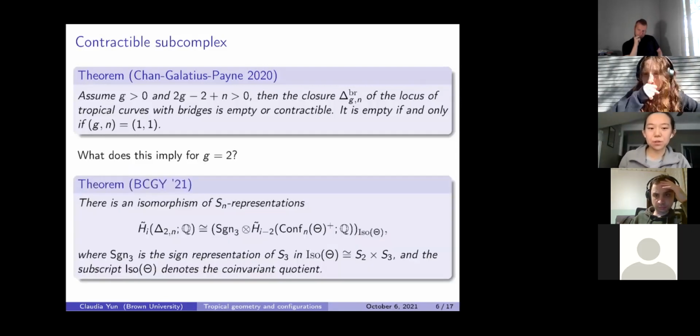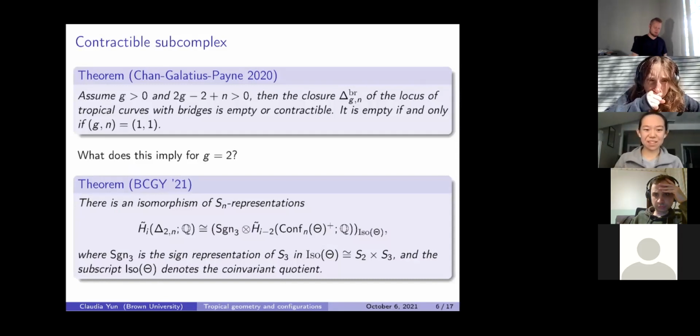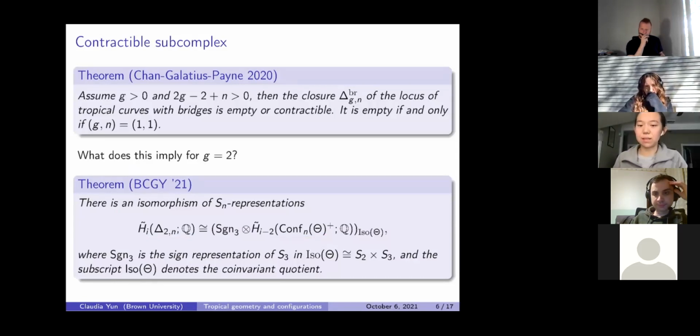And we were able to make this difference concrete by giving an isomorphism of S_n representations. So basically we're saying, you can compute the homology of delta 2n, but what you've got to do is look at the configuration spaces of theta, and you need to mod out by the isometry group of your theta.